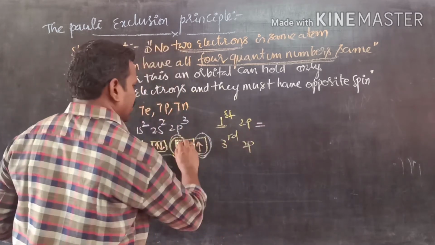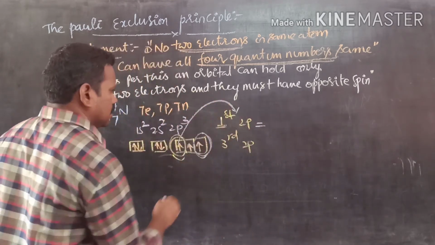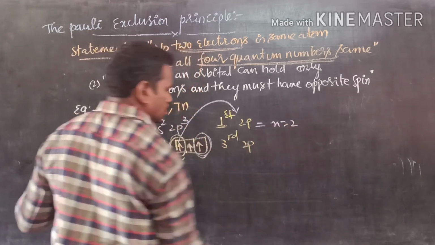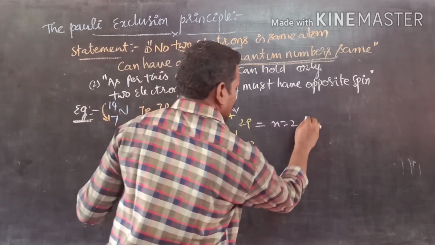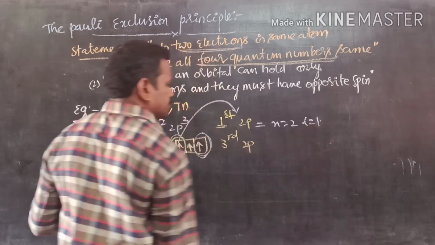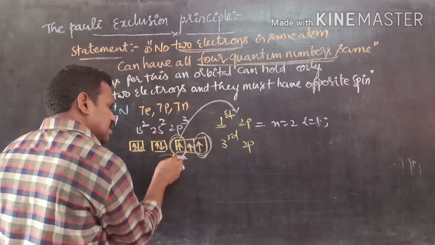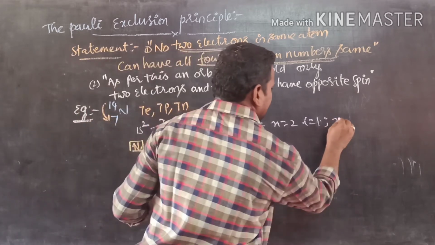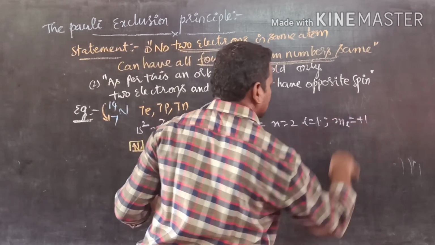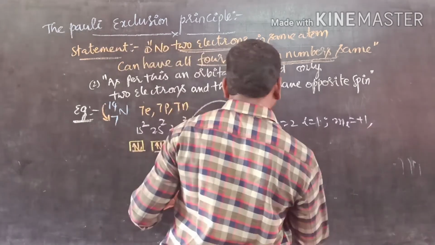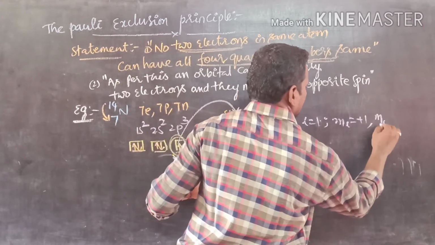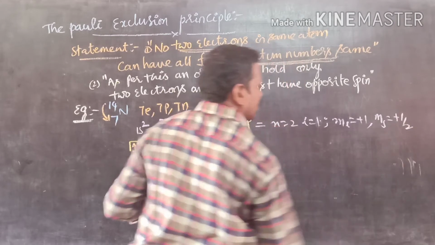In the case of the first electron of 2p, n is equal to 2. For p, l is equal to 1. Where l is equal to 1, the first electron is here, so ml is equal to plus 1. The electron is in the upward direction, so ms is equal to plus half.